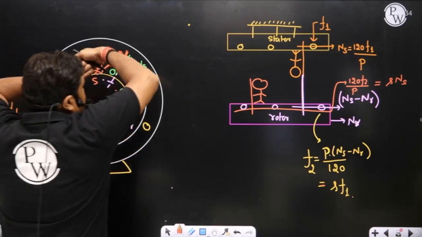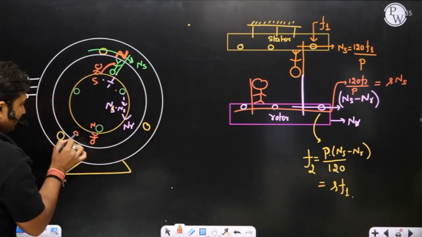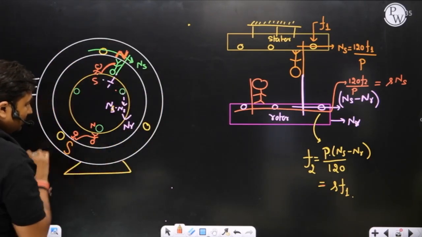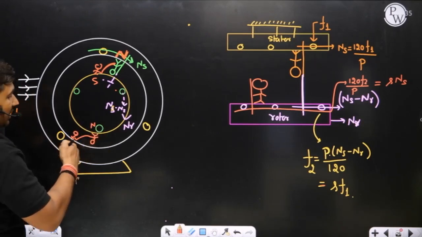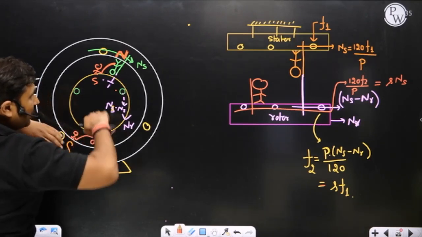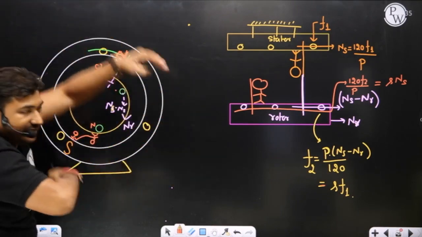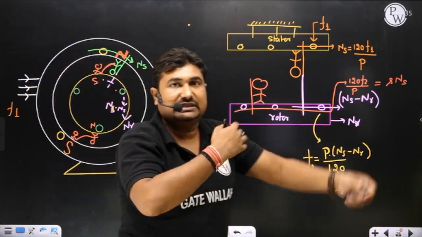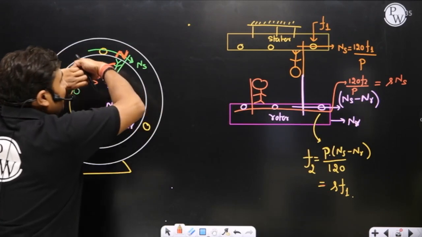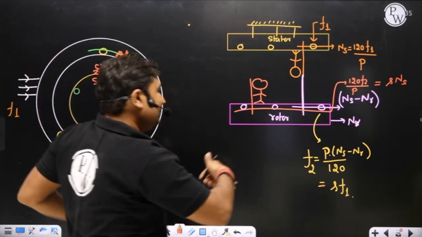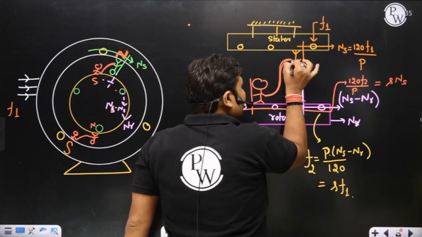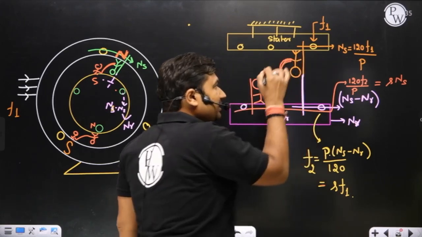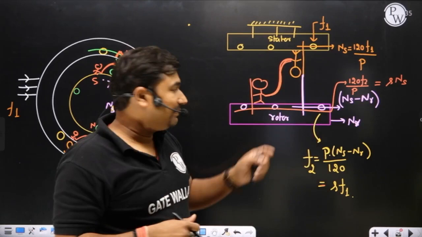Both are moving at the same speed. Rotor south with stator north, and rotor north with stator south, hold hands. Because of this, there will be a movement, and that movement continues till these hands are attached. Yes, sir. That is what we call magnetic locking, because with respect to each other, both are stationary.